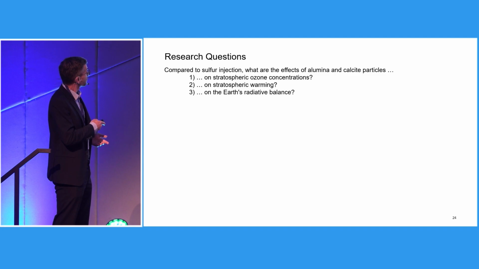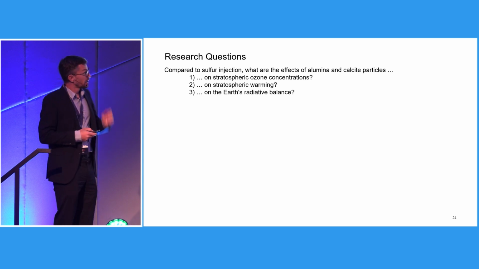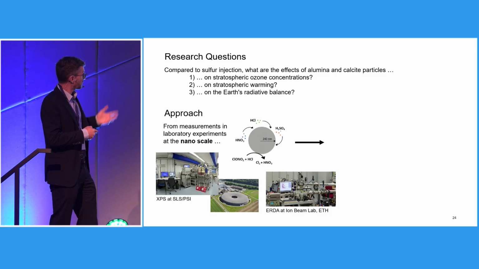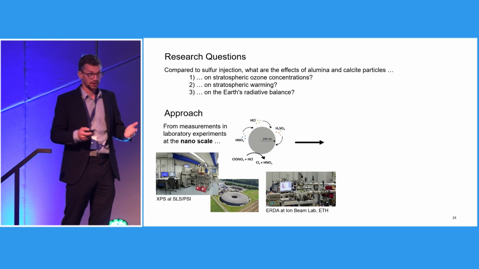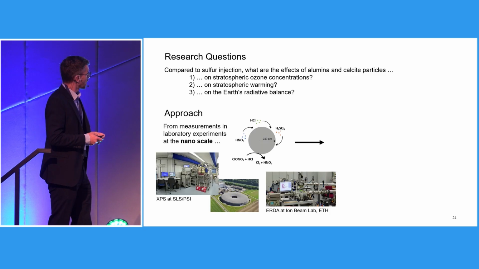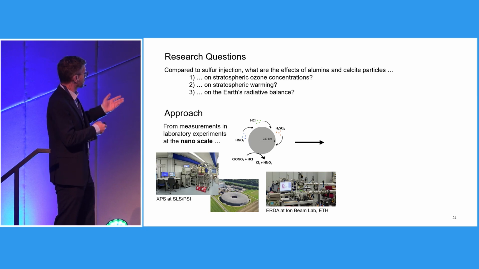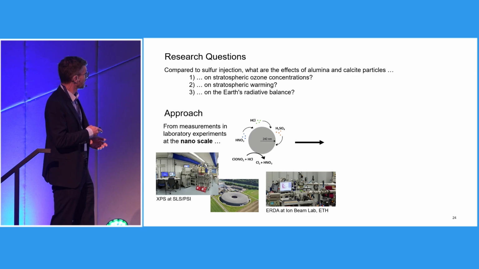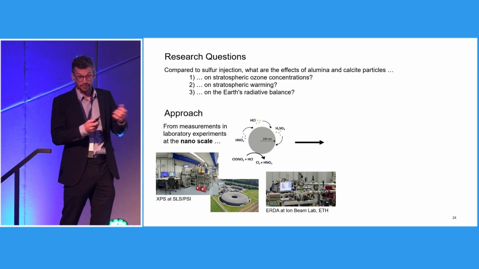And we wanted to quantify the ozone response compared to a sulfur injection, their warming, and also the radiative balance compared to sulfur injections. And we did this by first going into the lab. So we did experimental research where we looked at the nanoscale. So how do solid particles interact with trace gases in the stratosphere? How do they coagulate with each other, etc.